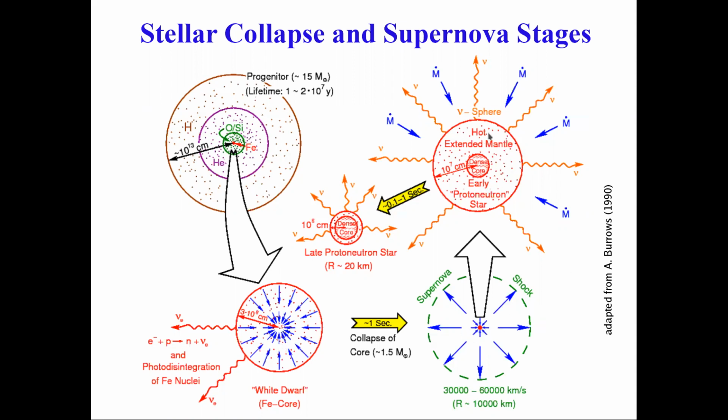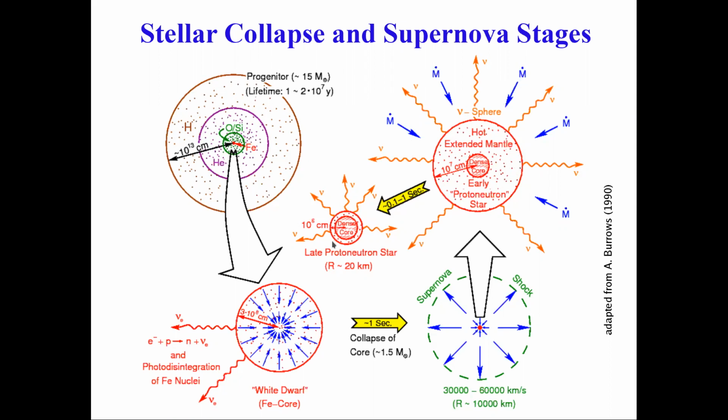And you see an enlargement here. It's initially very extended, radius about 50 to 100 kilometers at the very beginning. It's hot, it's radiating neutrinos, it's receiving further mass from infalling stellar material. And then within about a second, it already contracts significantly.